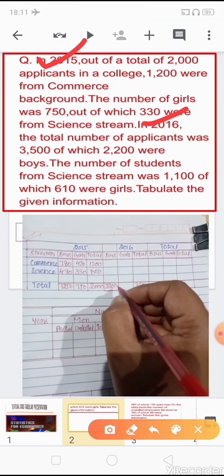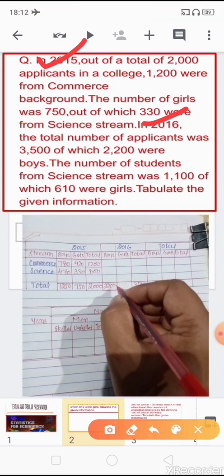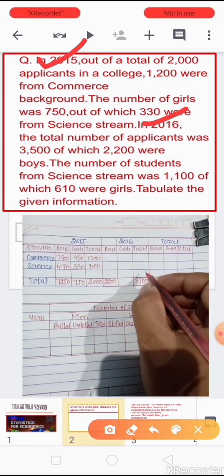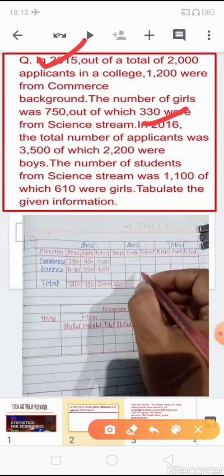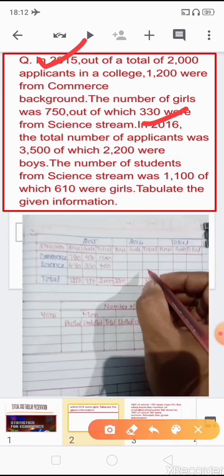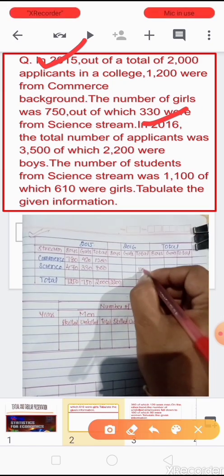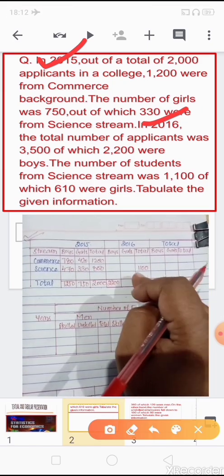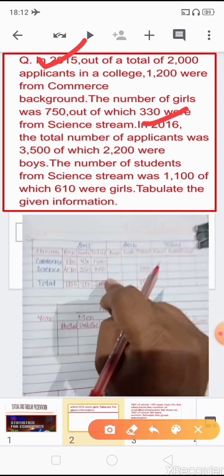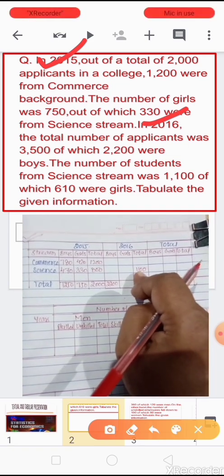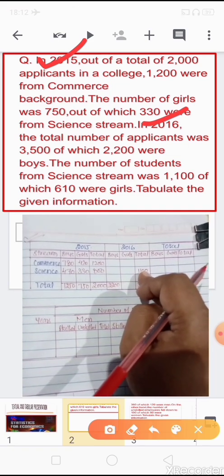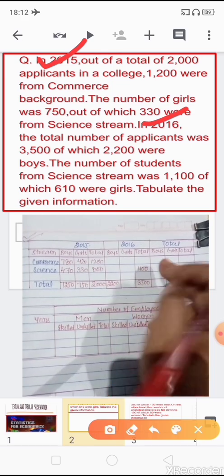The number of students from science is 1100. I mean, those who are studying science, their total number is given. It is not specifying how many are boys and girls, but their total number is 1100. Of which 610 were girls.